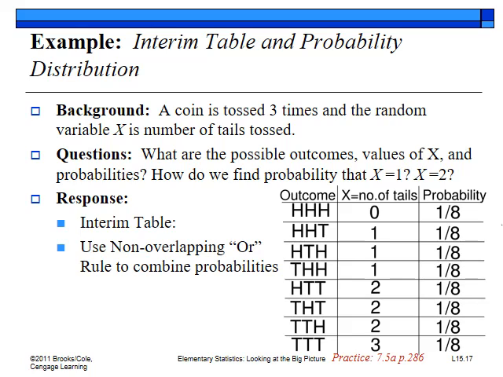Using that, we can combine all of the outcomes that have the same value for x to find the probability that x equals 1 and that x equals 2. So for x equals 1, we see that there are 3 possible outcomes that result in x equals 1. Those don't overlap, so we can add their probabilities. We can do the same thing for the 2's.